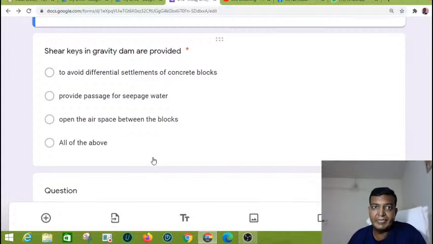Shear keys in the gravity dams are provided to avoid differential settlement of the concrete blocks, to provide passage for the seepage water, to open the airspace between the blocks, or all of the above. Shear keys in the gravity dams are provided for which reason?